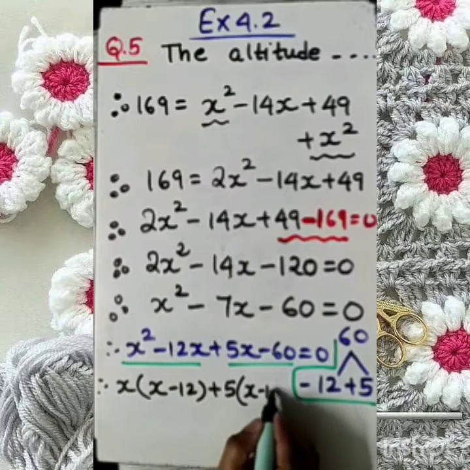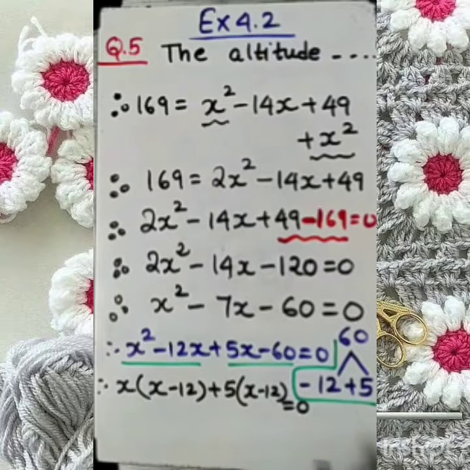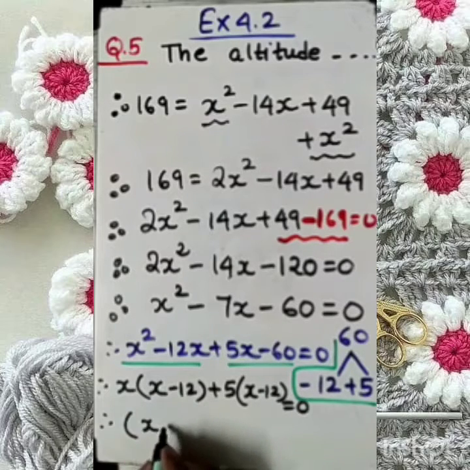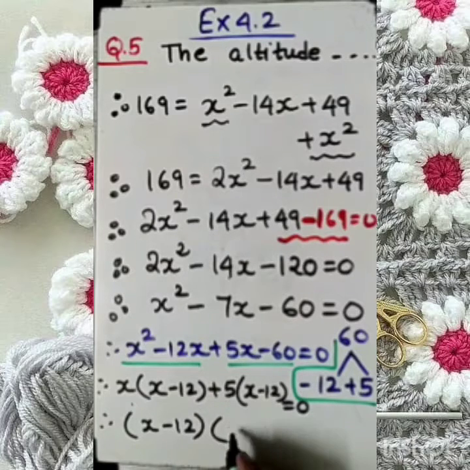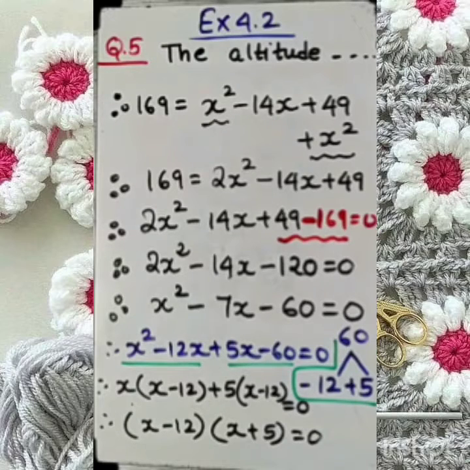So again x minus 12, which is equal to 0. So the two factors which we are getting are x minus 12 and x plus 5 equal to 0. Fine. Now let's simplify and try to get the final roots of this equation, and then according to the question we need to find the solution.